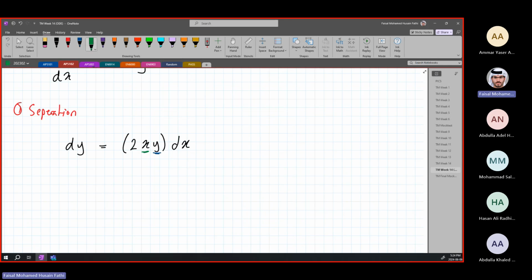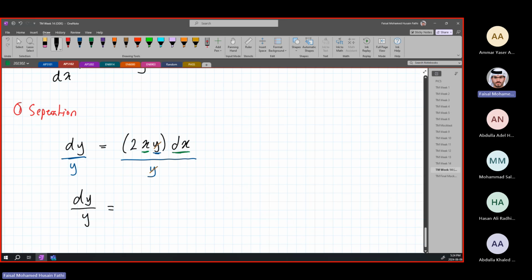The x has to be with the dx, and the y needs to be with the dy. So we're going to have to divide both sides by y so that the y can go to the other side, and here the y's will cancel. So you will get dy by y is equal to 2x dx.